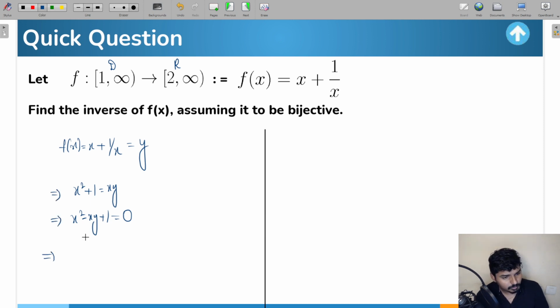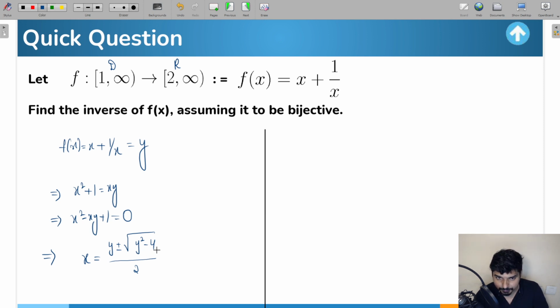Now, from here, you can apply the quadratic formula. You can say this is a quadratic equation in terms of x. If you apply the quadratic formula, x will be minus b, so y, plus or minus under root of b square, so y square, minus 4ac, so minus 4, divided by 2a. So this is what you're going to get.